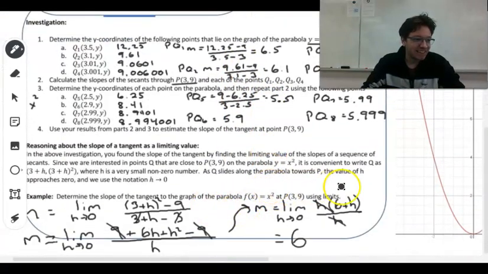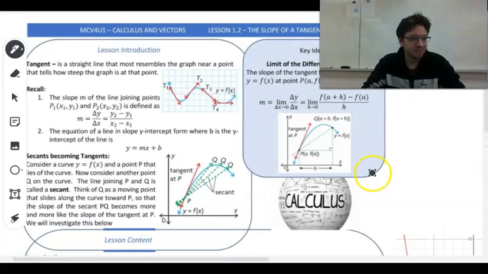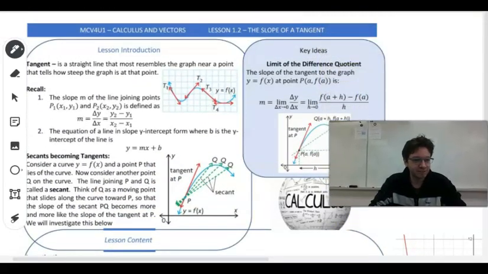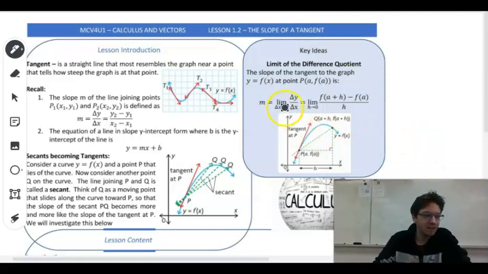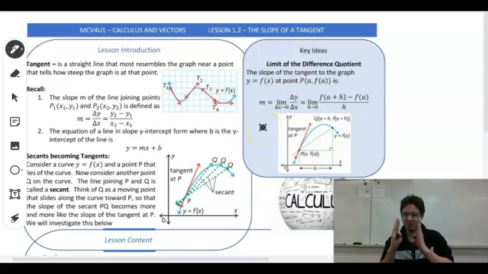Now we can write this as an equation. So I have this equation up here. Initially I wrote the limit of delta y over delta x, and essentially in this case you're taking that delta x between P and Q and reducing it down to 0, as close as you can to 0.